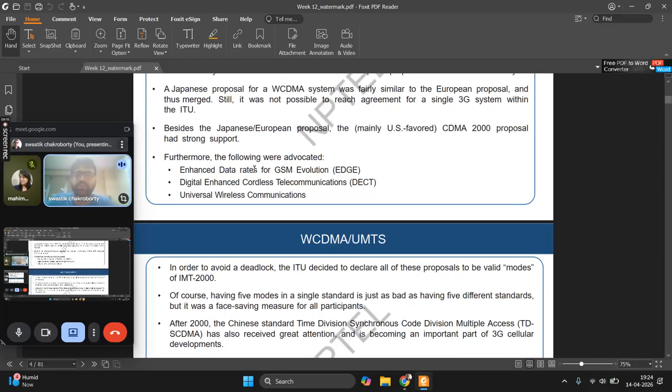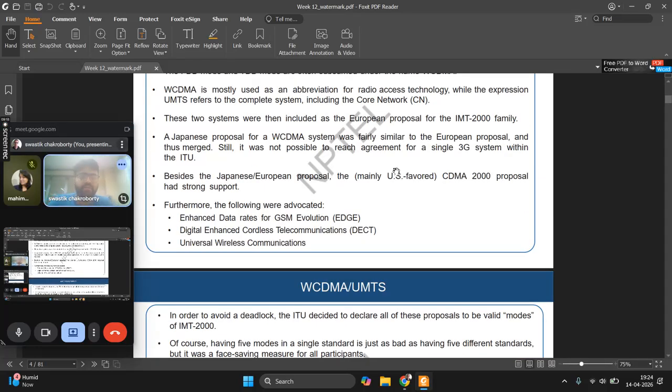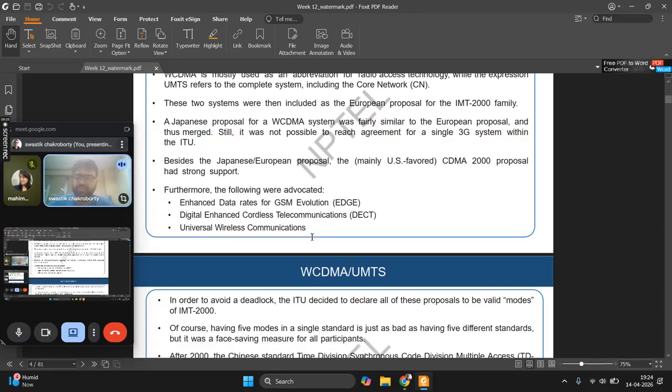There was also another protocol, enhanced data rate for GSM evolution, or EDGE. So in the end, there was WCDMA, there was CDMA 2000, which we discussed in the previous class, and then there was EDGE, DECT and UWC: five modes.